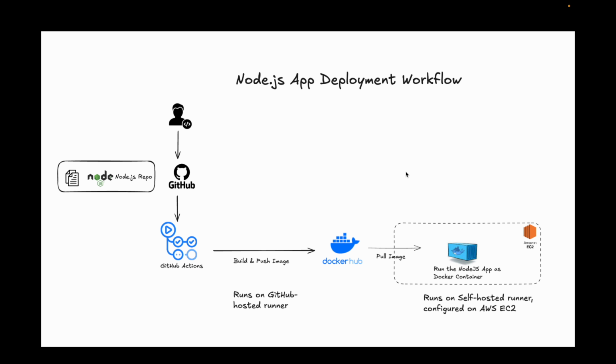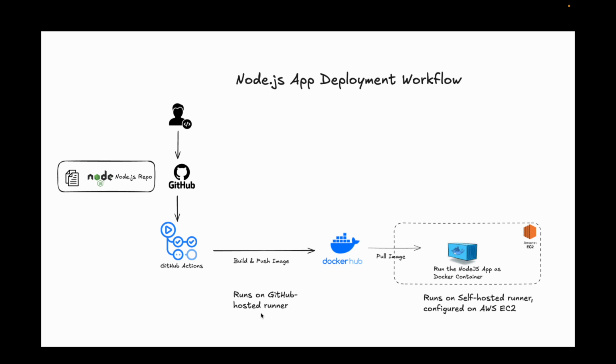Okay, so let's see how our deployment workflow will look. Whenever a commit occurs on the GitHub repository, a CI/CD pipeline will be triggered from GitHub, and it will create a build image for our Node.js application and push that image to Docker Hub. Here we are going to run this job on a GitHub hosted runner.